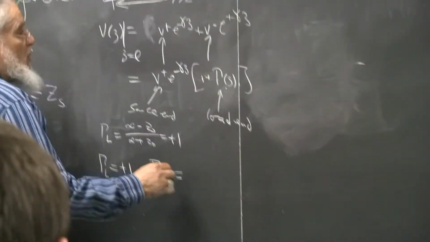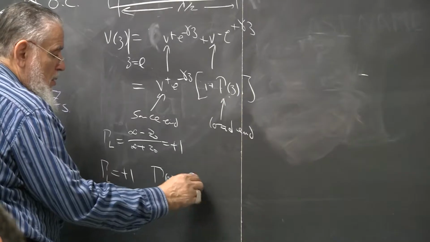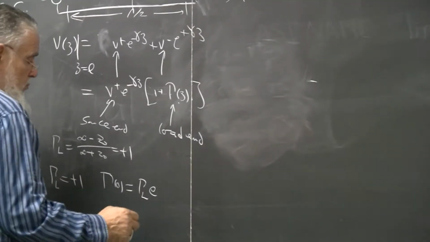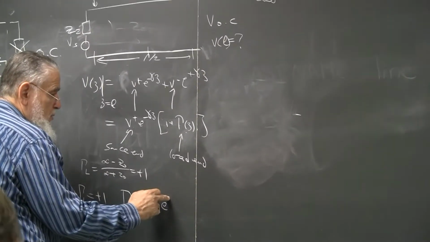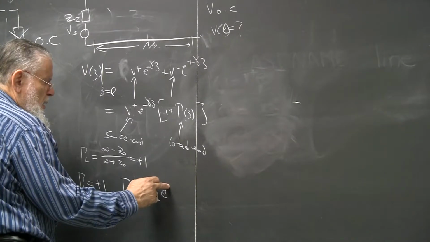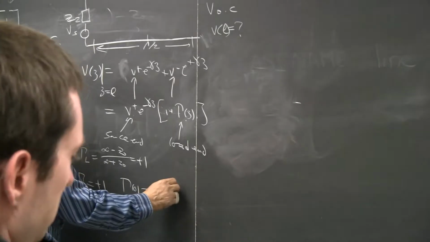Gamma of 0 will be gamma at the load, e to the minus, I keep forgetting that, e to the plus 2j beta L.